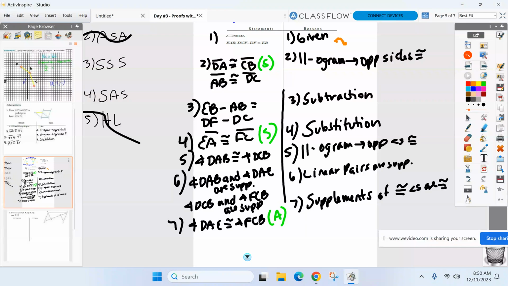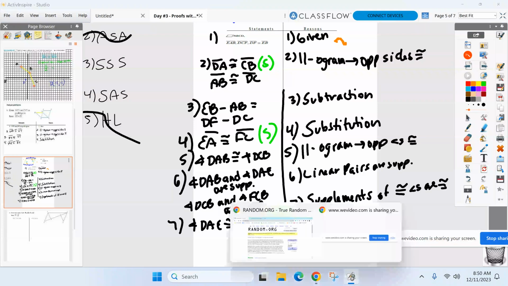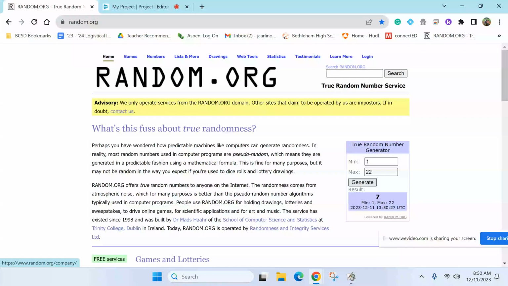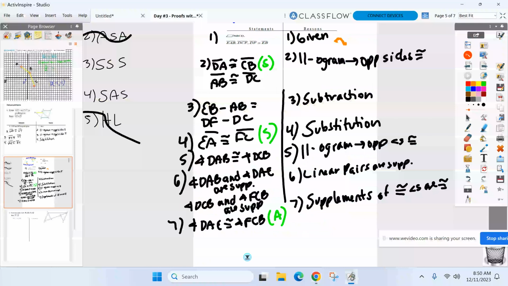And then all I need from somebody is to finish off the proof and let me know what method lets us know these 2 triangles are indeed congruent. Drew, why are they congruent? Side angle side. Side angle side. Good job. And there we go.